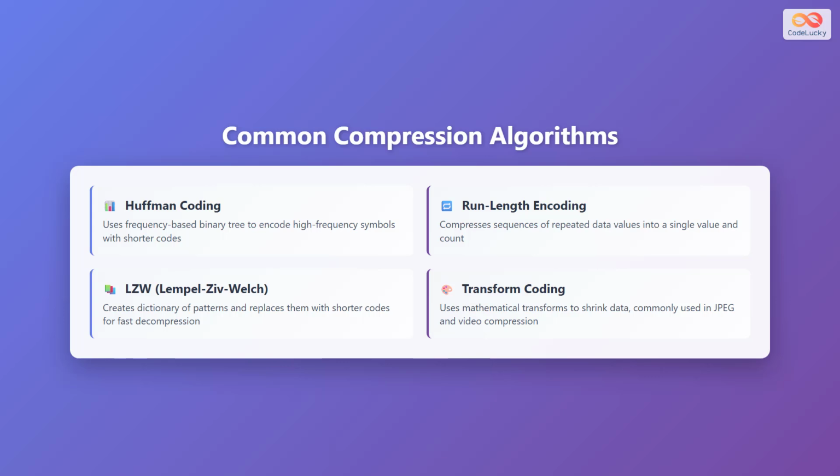The LZW algorithm, named after its creators, builds a dictionary of patterns it finds and replaces them with shorter codes, allowing fast decompression. Transform coding uses mathematical transforms to convert data into a form that compresses better. This is commonly used in JPEG images and modern video compression.